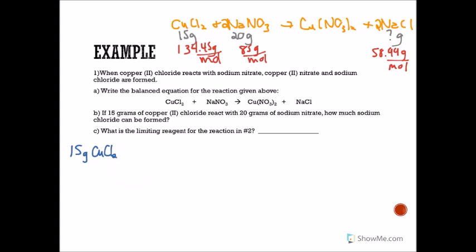Just going to make this a little bit smaller so I don't run out of room. 134.45 grams of copper 2 chloride per mole of copper 2 chloride. We use our molar ratio.